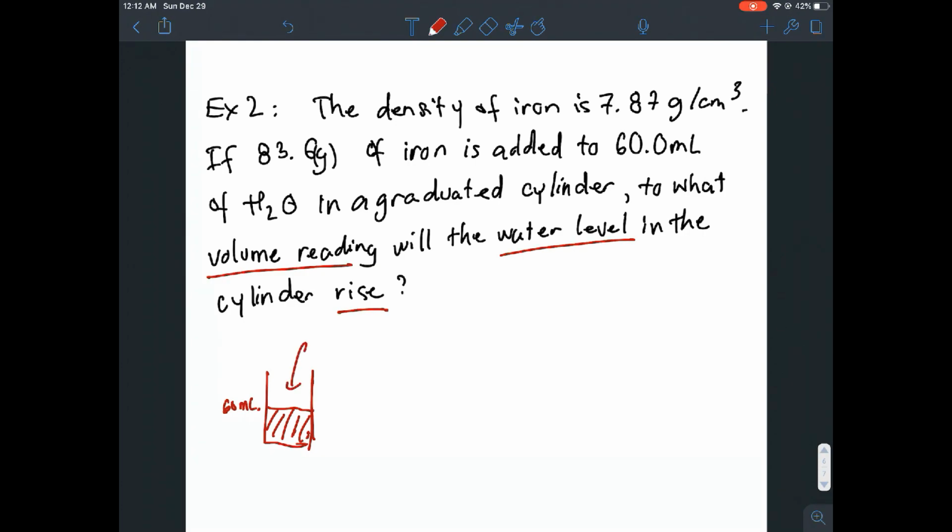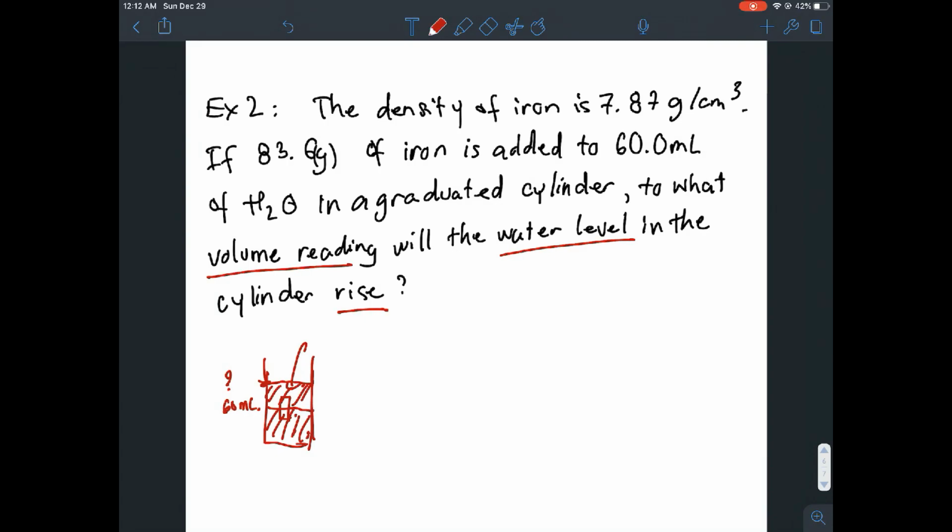When you add an iron in, it is going to increase to, for example, 80 or 90 or something, right? And this number is the unknown. We are going to find the level the water rises to. How do we calculate? We base it on the density formula.